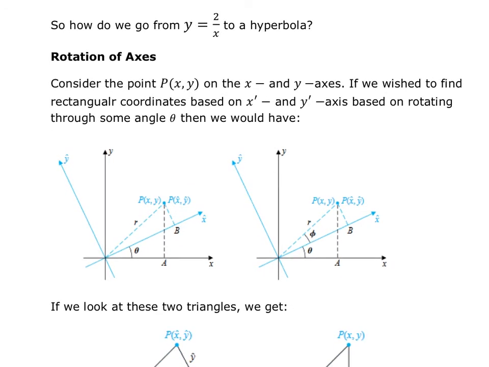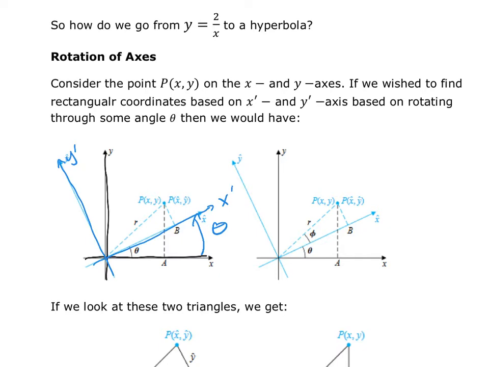Notationally, what we usually note is our rotated axes will be primes. So if this is my x-axis and this is my y-axis, and I rotate it through some angle theta, then this new axis we usually label as x prime, and this new y-axis after the rotation is usually labeled y prime.